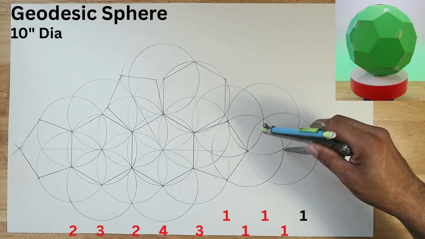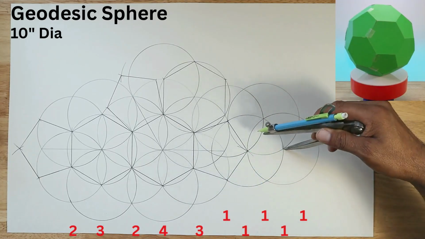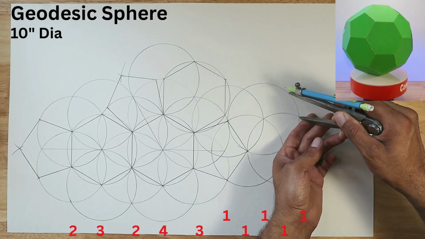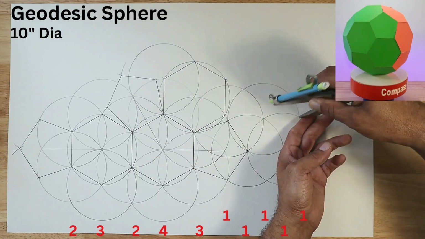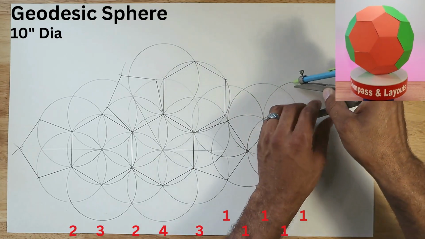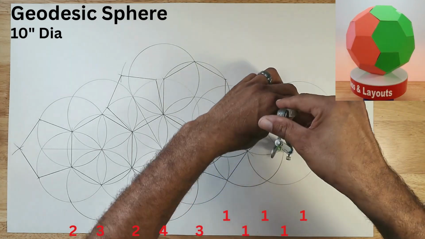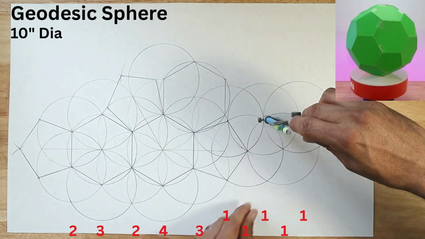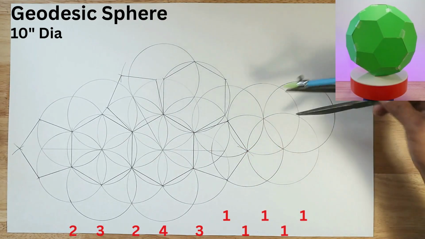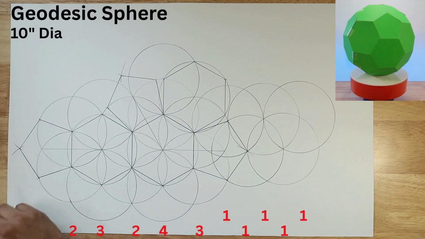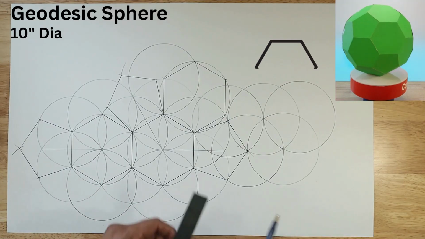Okay, and then the last one is you're going to put your sharp point right here and check your centers, and then make another circle. And that should be it. This will set you up so that you can get the hexagon and pentagon. So just follow my lead.